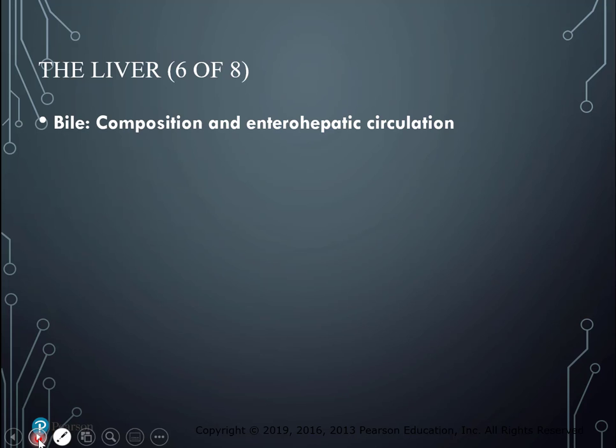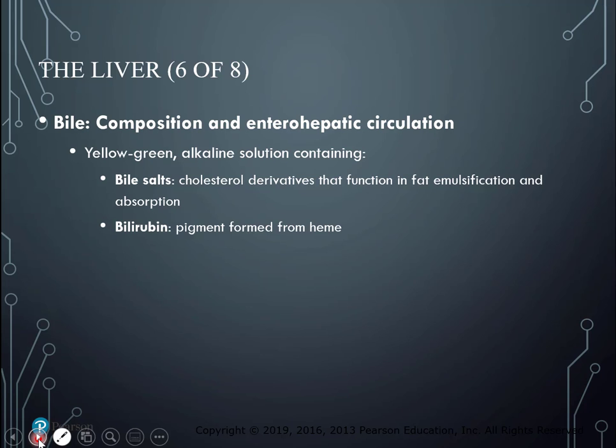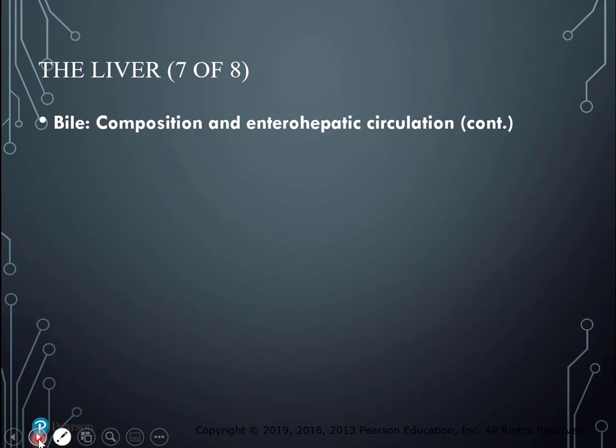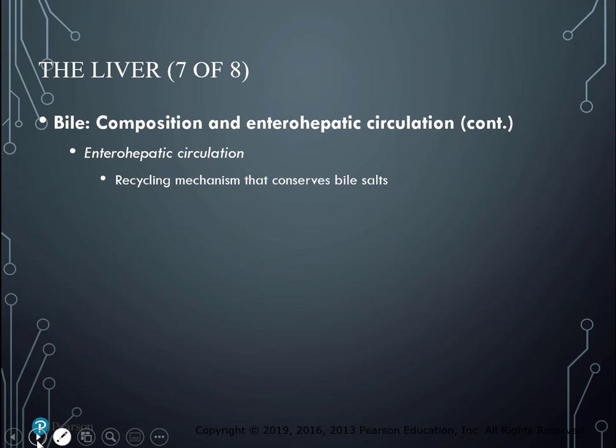So the bile is a yellow-green alkaline solution containing bile salts, bilirubin, cholesterol, triglycerides, phospholipids, and some electrolytes. Bile goes around the enterohepatic circulation. It is recycled by a mechanism that aims to conserve bile salts.